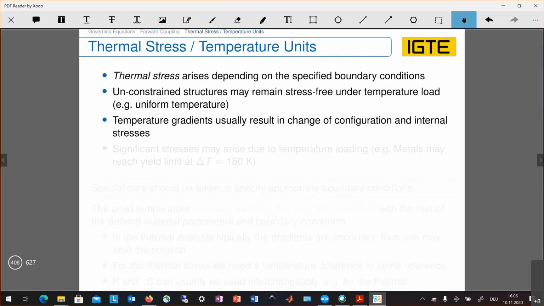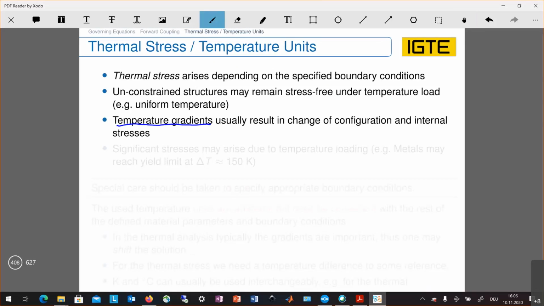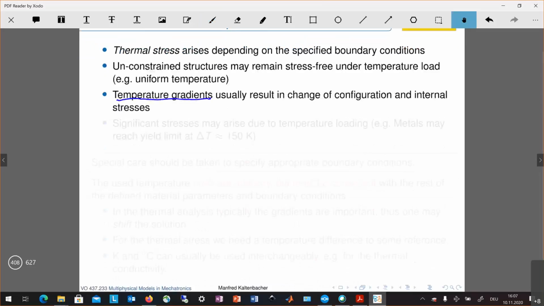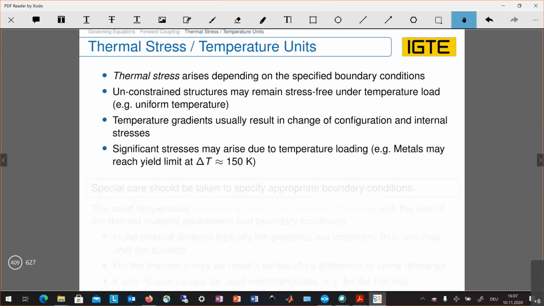And the important post-processing result here is to look at the temperature gradients, because if you have strong temperature gradients, then clearly we will also have strong mechanical stresses. And it is clearly significant, especially for metals, if you reach the yield limit, which is about a temperature difference of 150 Kelvin.